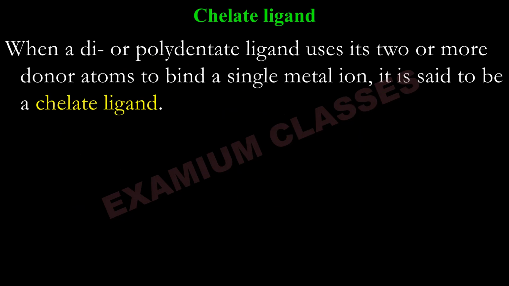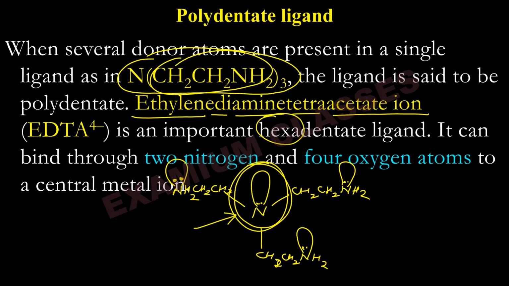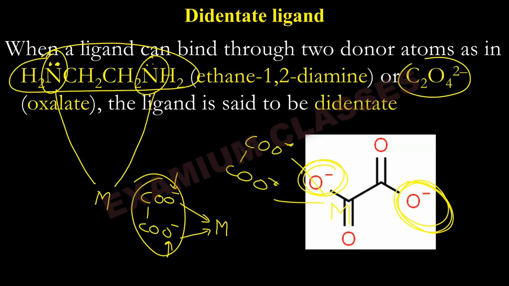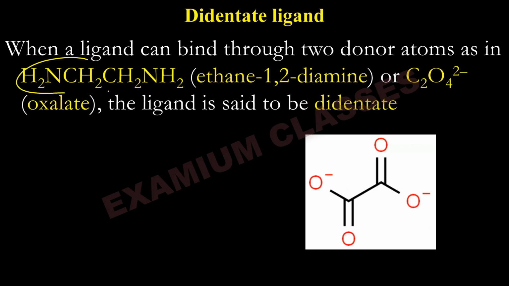Now chelate. Chelate is actually for polydentate. Whenever all these types of di, tri, tetra are actually known as chelate ligands. And one more thing, ethane 1,2-diamine, the short form is written as EN.